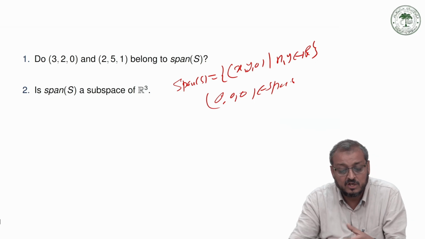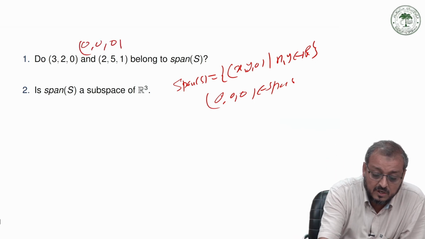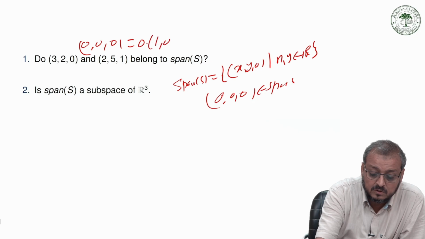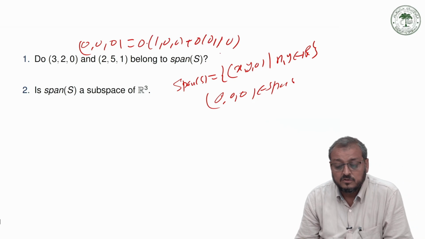This means (0, 0, 0) can be written as a linear combination of these: 0 times (1, 0, 0) plus 0 times (0, 1, 0). So this is not a problem.